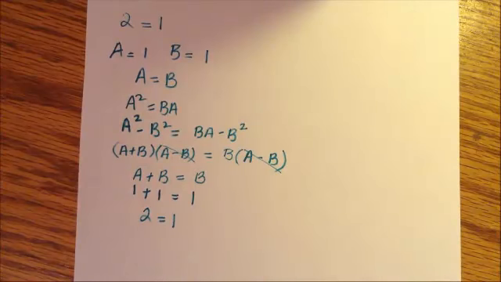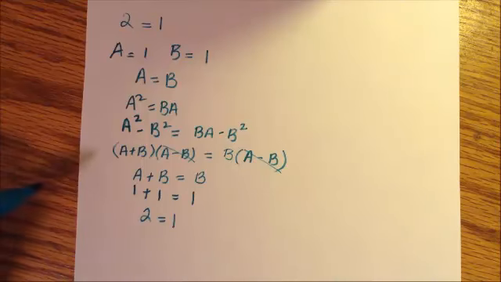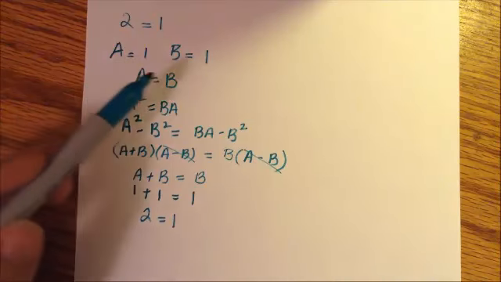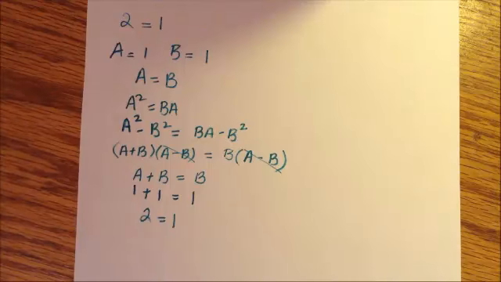Alright, so now let's find the flaw in this problem, and it's actually pretty simple if you approach it simply. One of the most simple ways to find the flaw is to just plug the numbers into your variables. So we have A is equal to 1, B is equal to 1. Let's just plug them in.